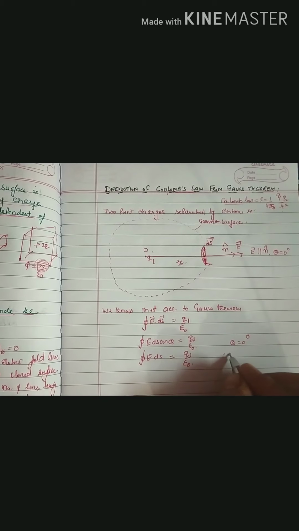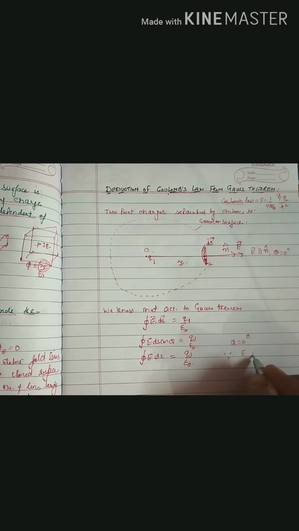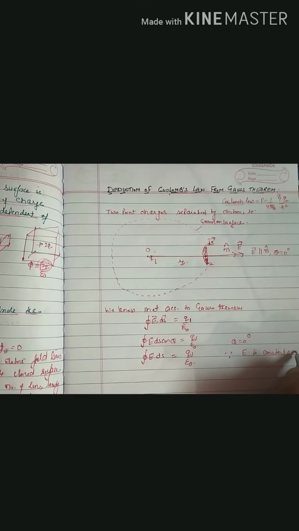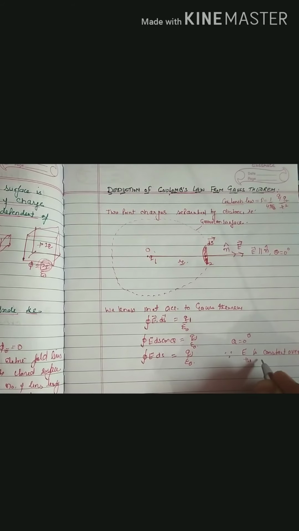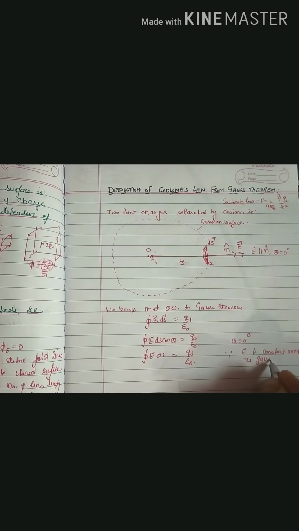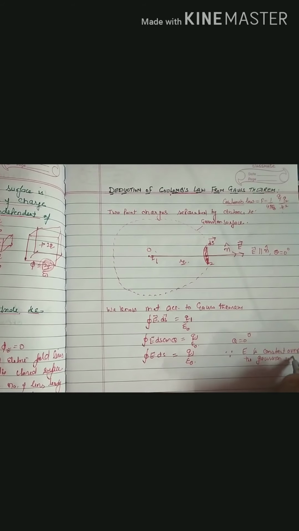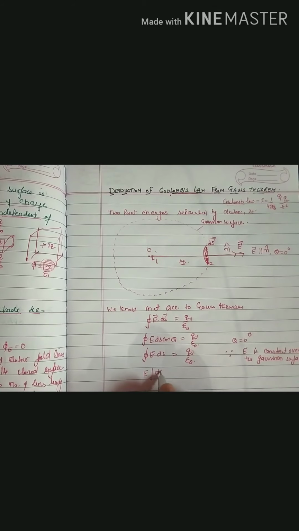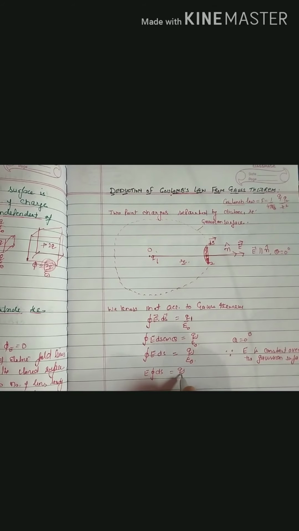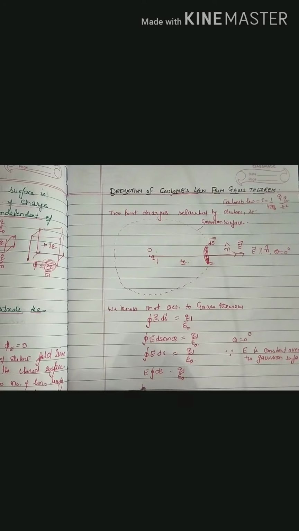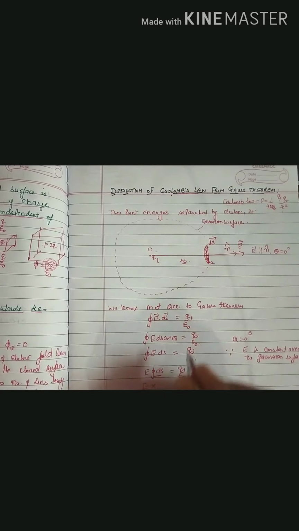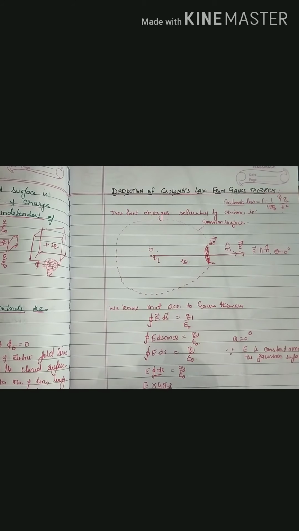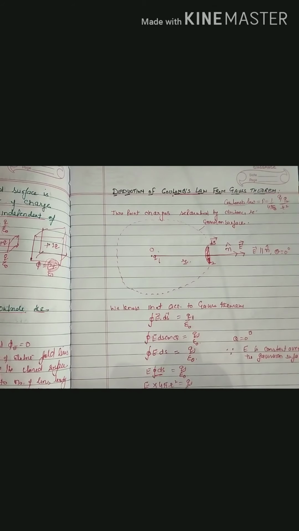Now because electric field is constant over the Gaussian surface, this is kept outside the integration. So E and the area of this closed surface, that is 4 pi r square, equal to Q1 upon epsilon naught.